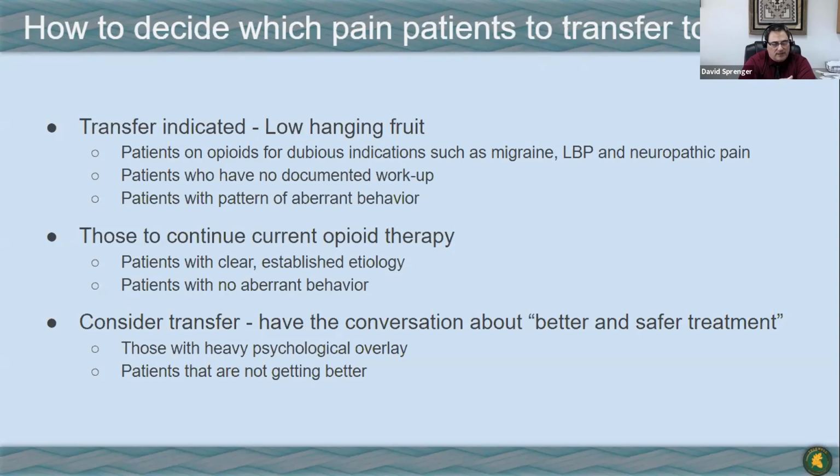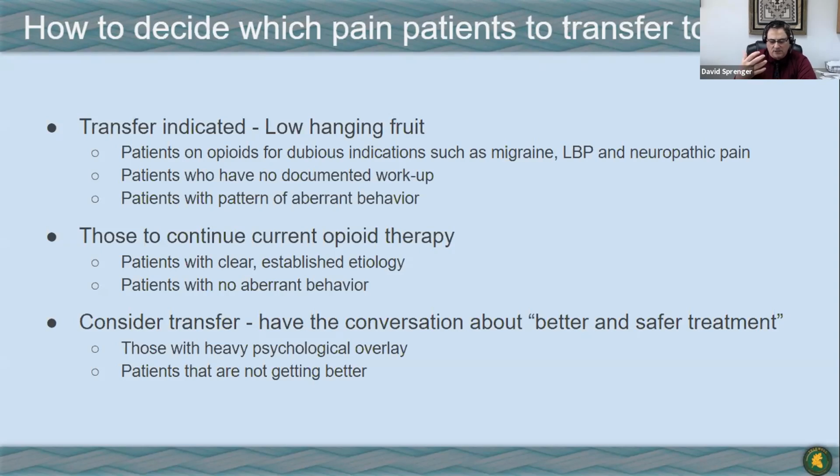So people that you might want to consider are those folks that have a very heavy psychological overlay. Not that they can't be in that category above, where they've got bad physical pathology, but they're in a higher risk group in terms of using the opioids to treat their pain.